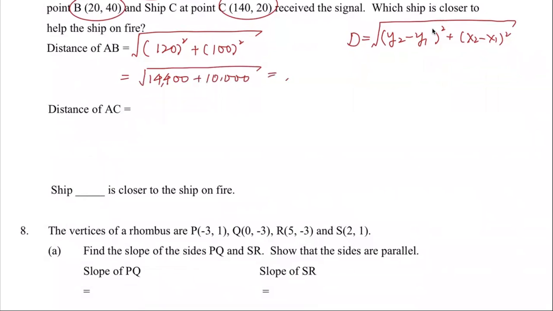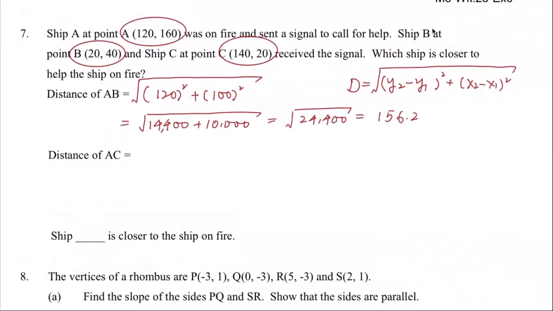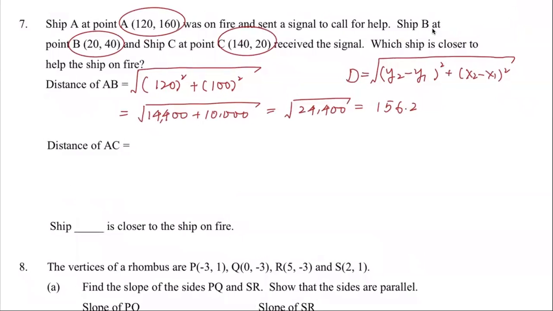So this is the square root of 24,400. Let me find this. So this is equal to 156.2. Yeah. So that's the distance of AB.